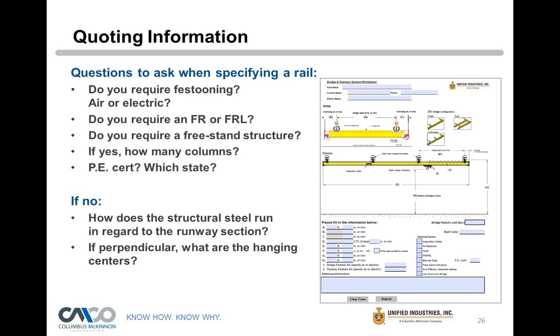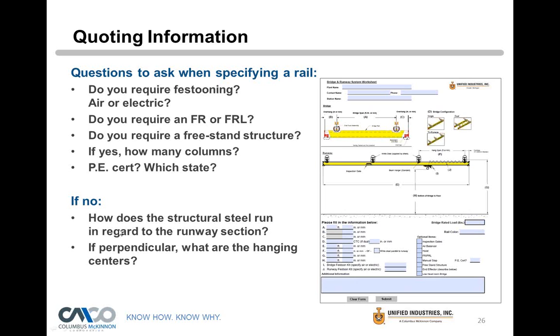If the runway you want to place runs parallel with the steel, when you're inquiring about a system, that's the easiest way to hang a system, because your limitation is always the deflection in the rail, or the sag in the rail, between the two hang points. So if you can put hangers closer together, you can hold more weight.